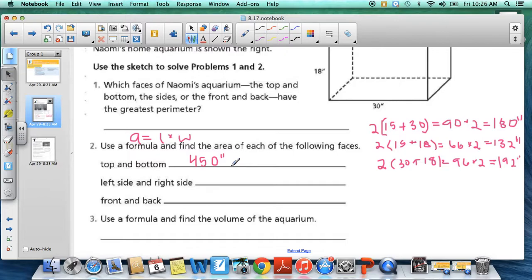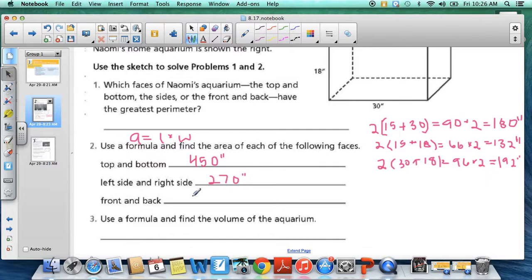You guys can either write inches or put the symbol, but I also want to see that you wrote A equals 15 times 30 equals 450. Okay, so the left side and the right side. Our area equation will be 15 times 18, and that comes to a grand total of 270 inches.